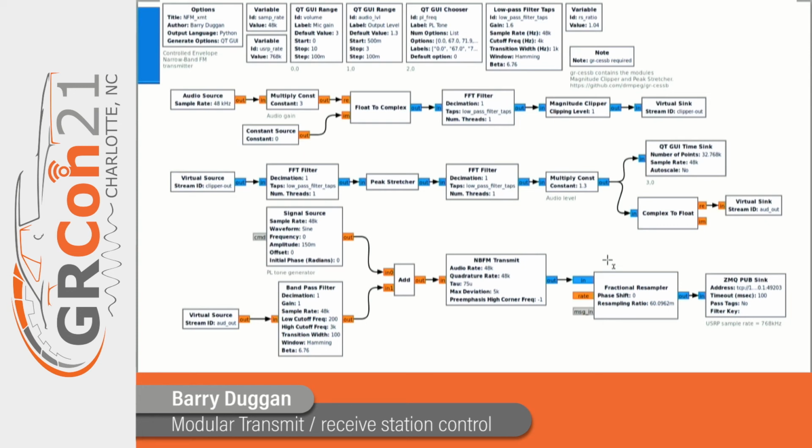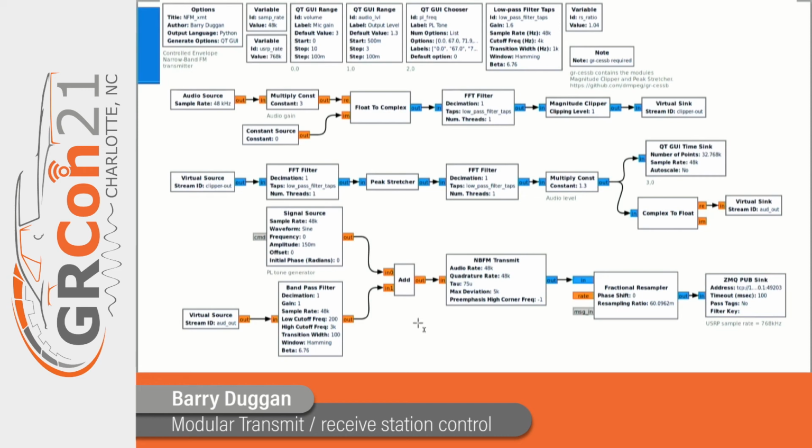One is I'm using GRCESSB, which means controlled envelope single sideband, was what it was designed for, but it works well for narrowband FM as well. So it has a magnitude clipper and a peak stretcher, and then filters, more filters, more filters.